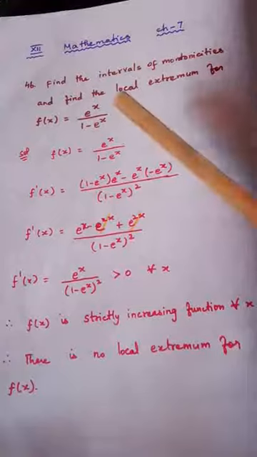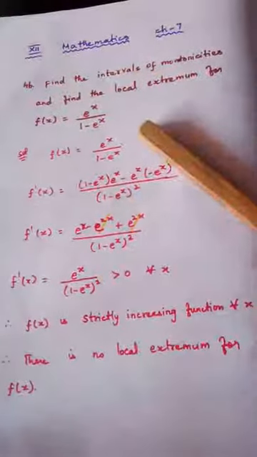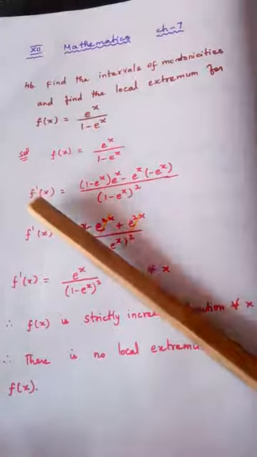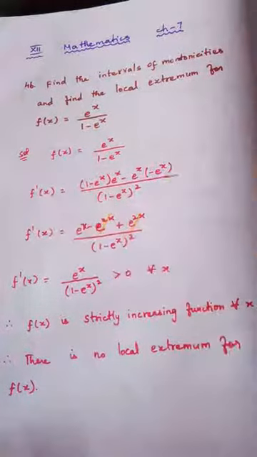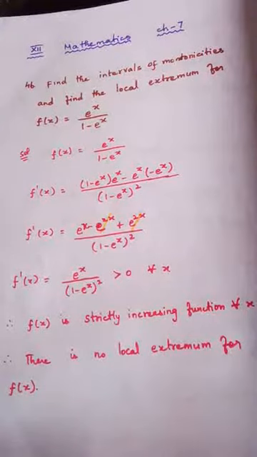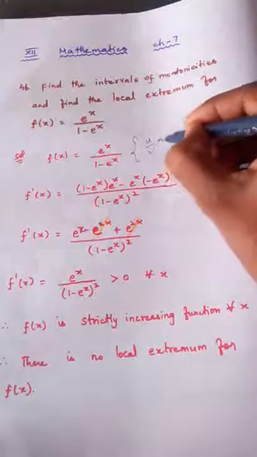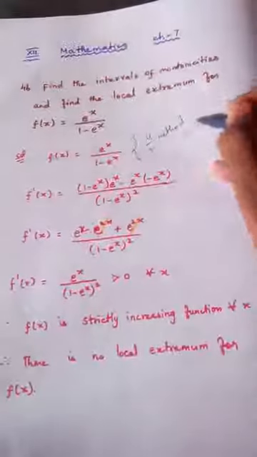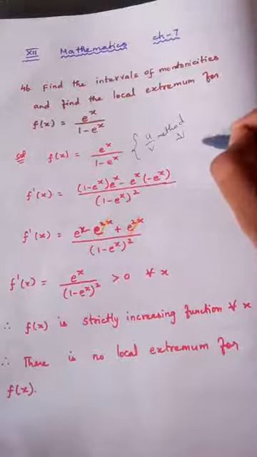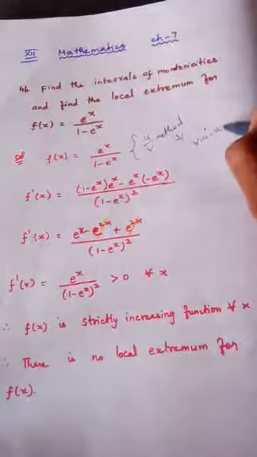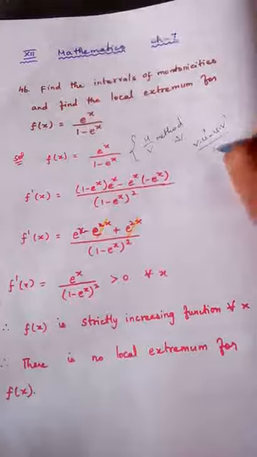How we start with the given function f of x: first differentiate it one time. f of x becomes f dash of x, right? Which method we have to differentiate? u by v method. What is the u by v method formula? v into u dash minus u into v dash divided by v square.